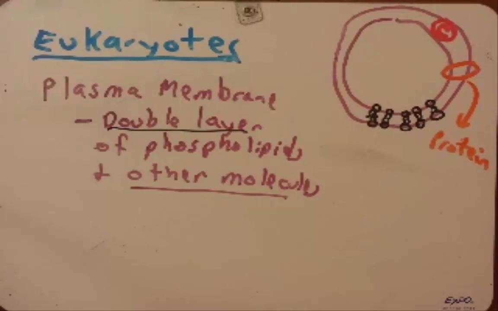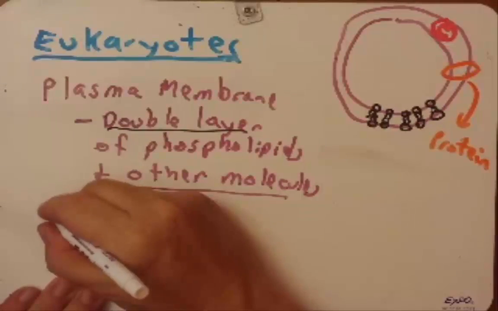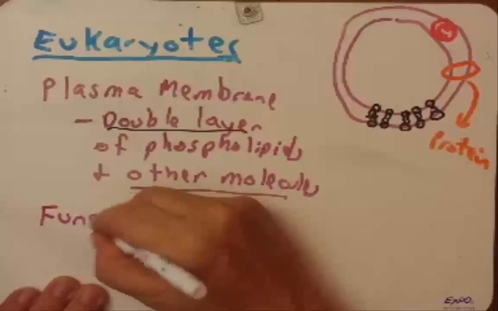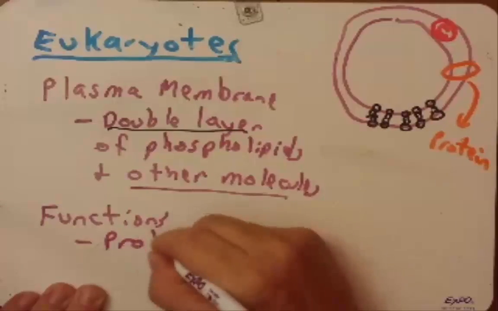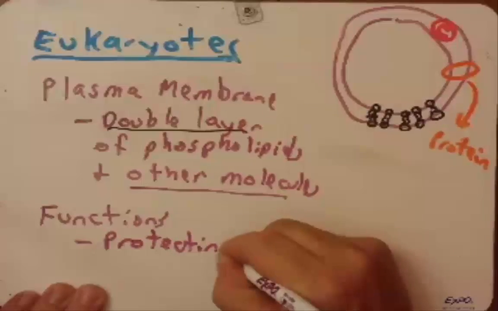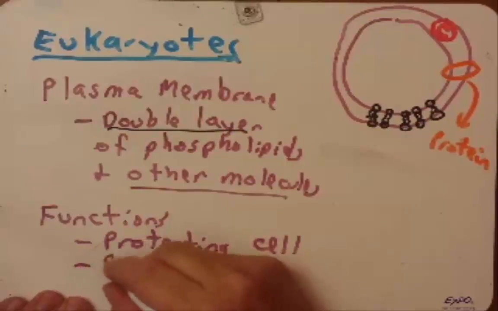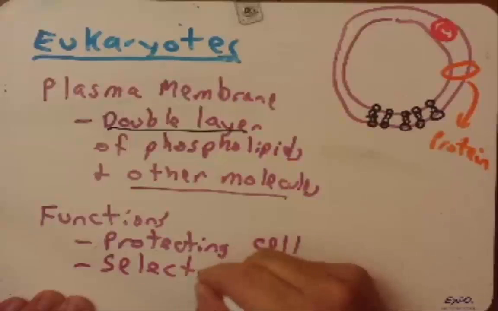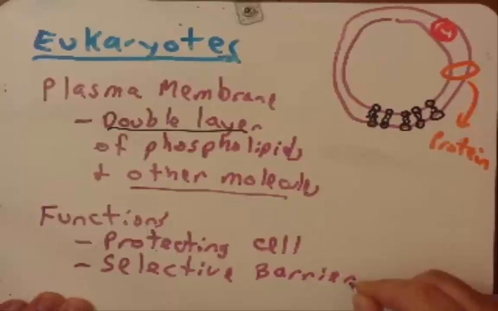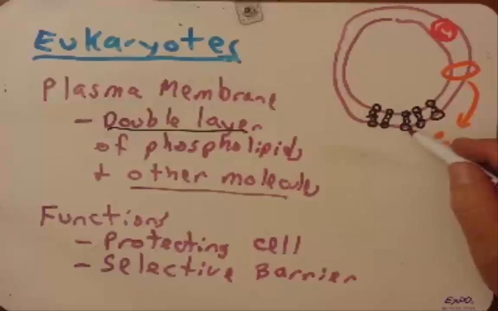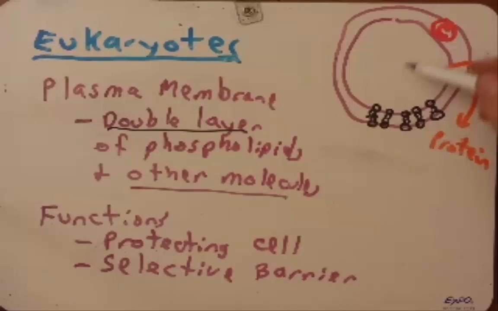The main purpose of the plasma membrane, we can think of it as having a couple functions. It does serve a role in protecting the cell, and it serves as a selective barrier. Meaning this cell will not allow everything into the cytoplasm.